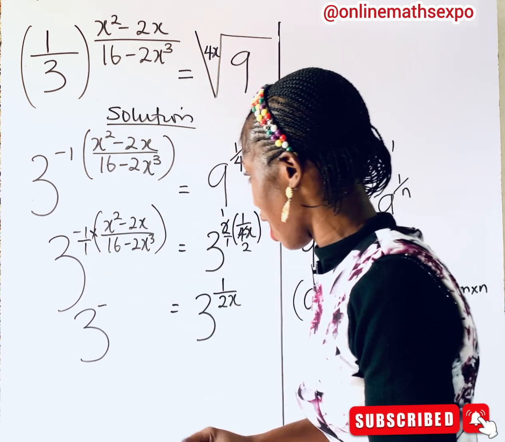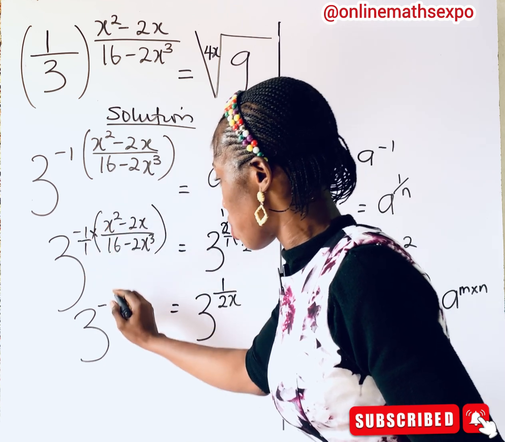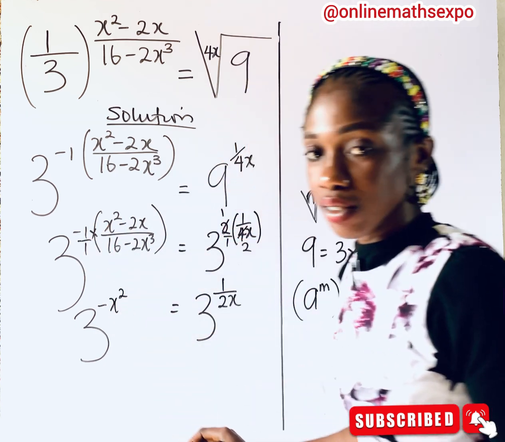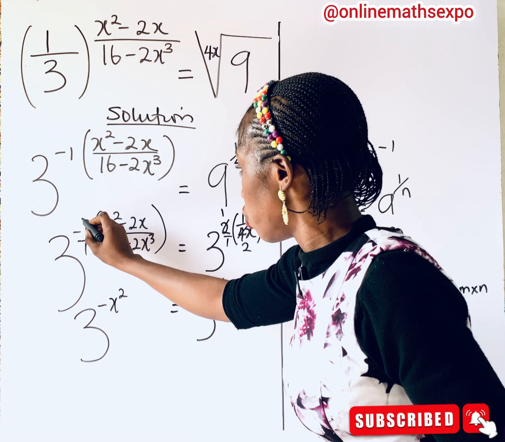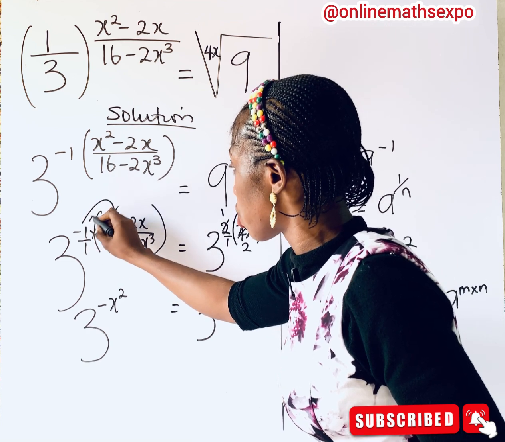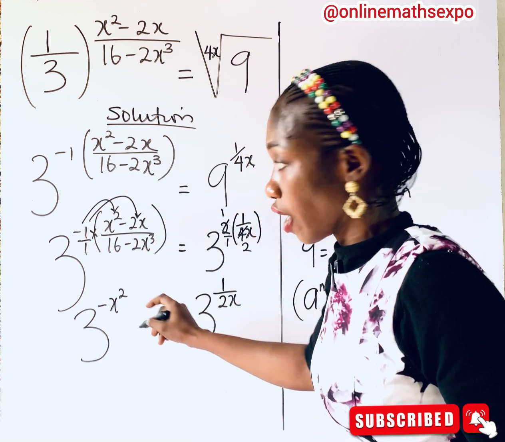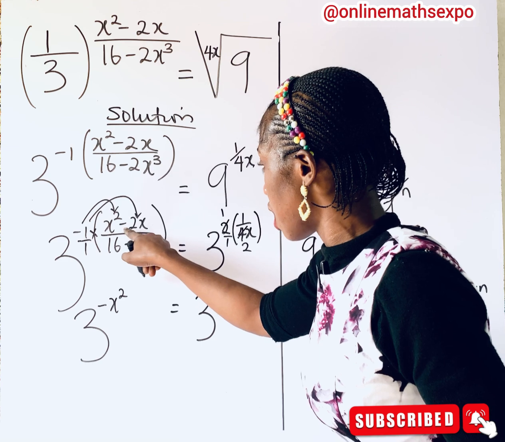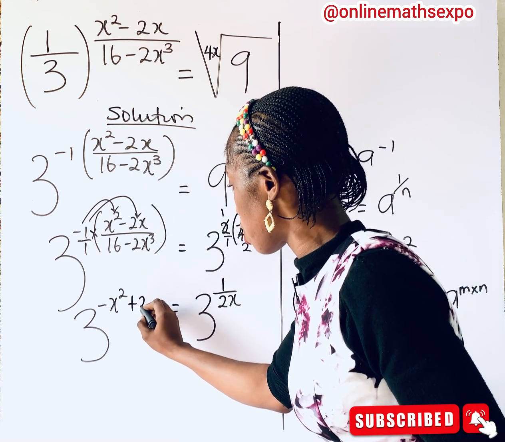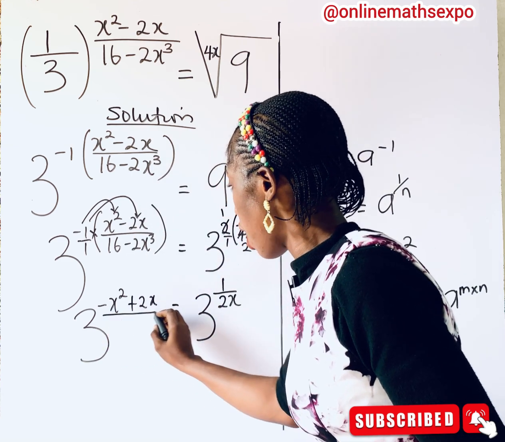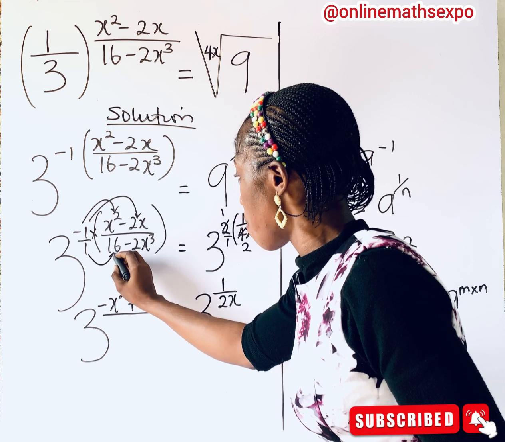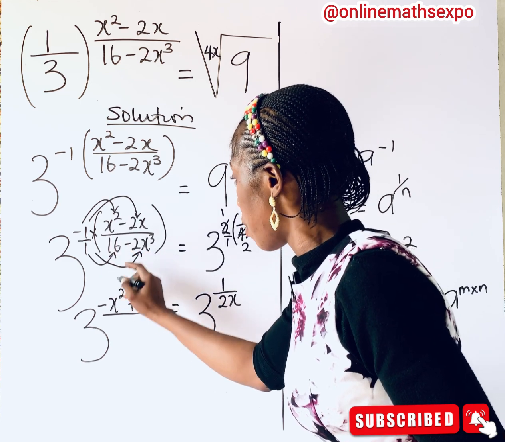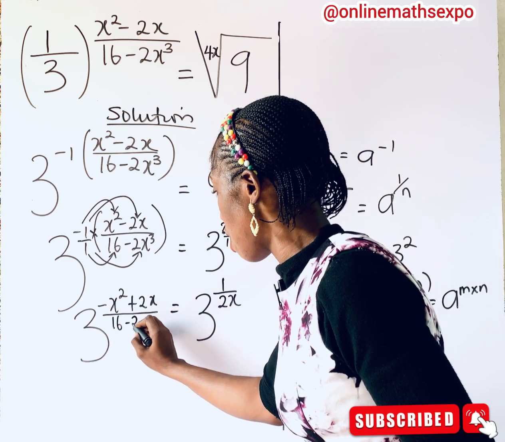So let's do it together. -1 multiplies x squared is -x squared. -1 you're going to use to multiply the 2 terms in the bracket. So -1 multiplies -2x will give us +2x all over 1. Still do the same thing, and when you multiply by 1, it gives you back the same value.